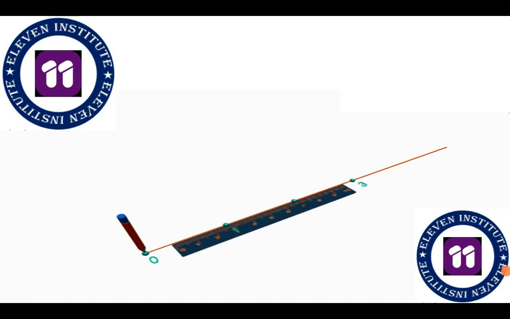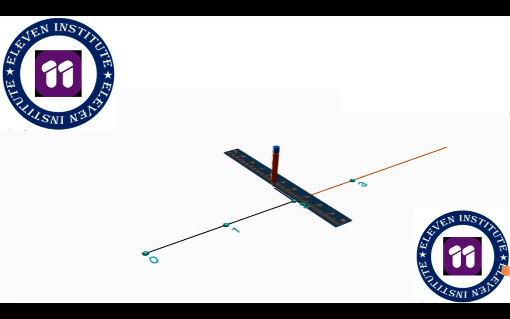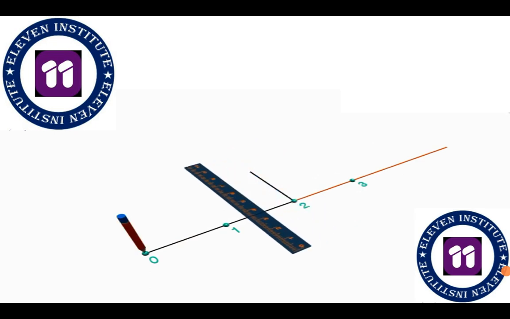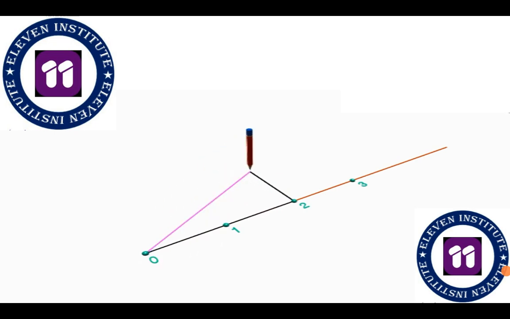So this is fine. Now we will take a base of 2 units, right? You can see 2 units from 0 to 2, and an altitude of 1 unit perpendicular to it, right? So base of 2 units, altitude of 1 unit, and now when I join the hypotenuse, the length of this hypotenuse is equal to root 5 units, right?